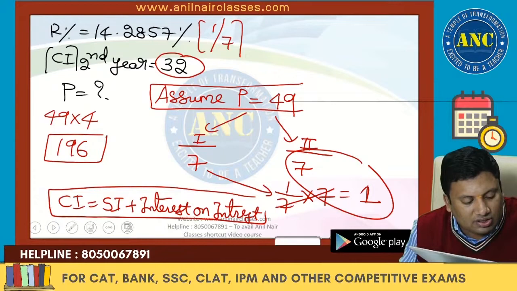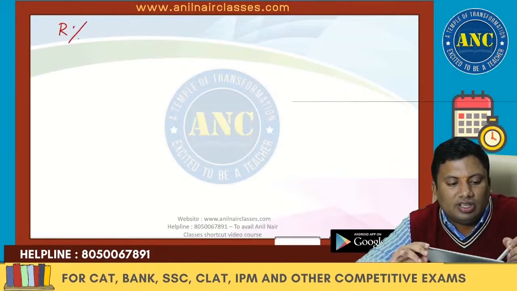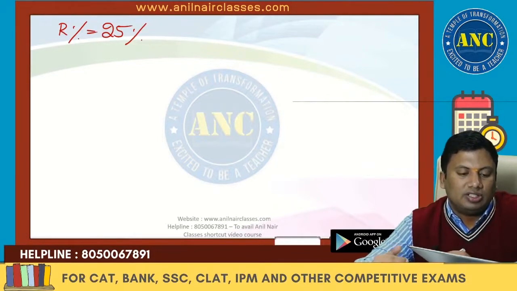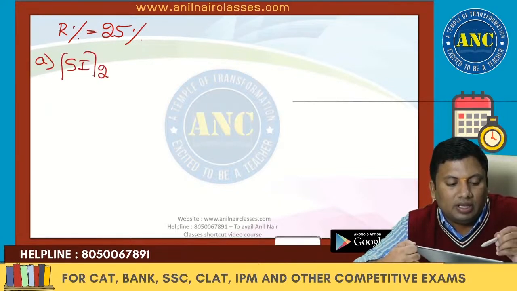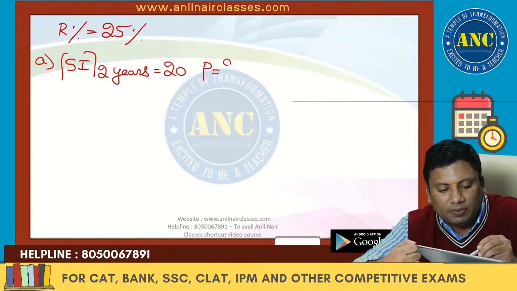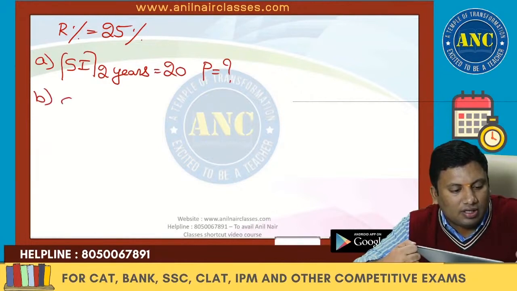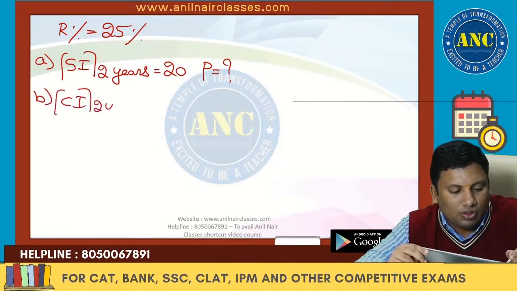Now next one. Now see, R percentage is 25 percentage. First one, simple interest for 2 years is 20. Find the principal. Second question, compound interest for 2 years is 45.